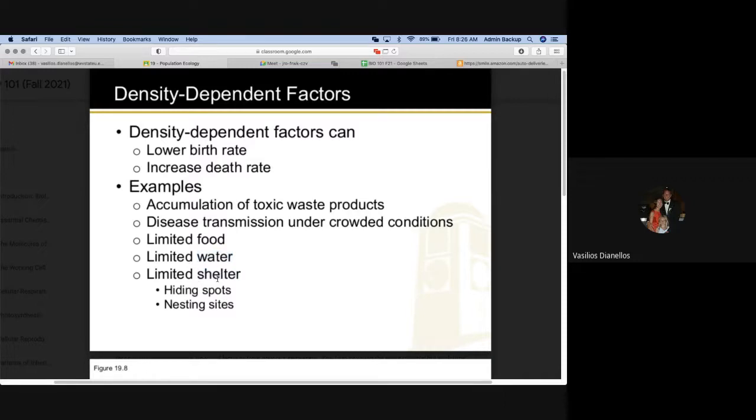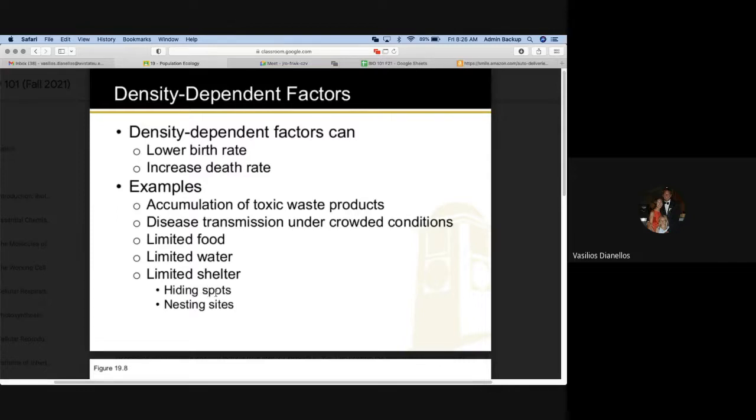And these are all things I mentioned with the whole example of the squirrels on WVSU's campus, right? They need food to eat. They need water to drink. They need a place to hide from predators. They need places to raise their babies, things like that. And again, using WVSU's campus as an example, if you have 100 squirrels per campus, that might be enough hiding spots.